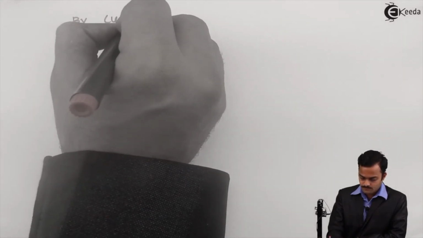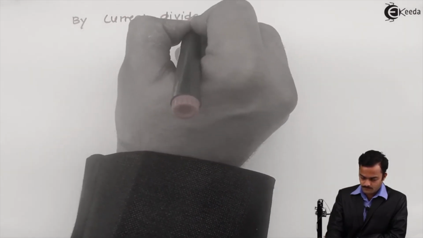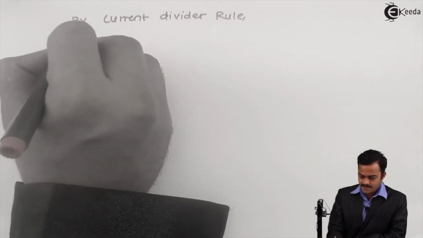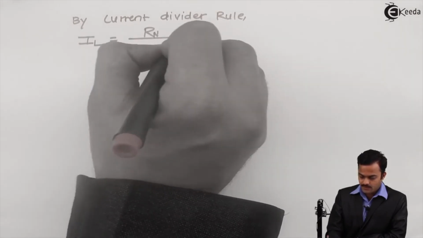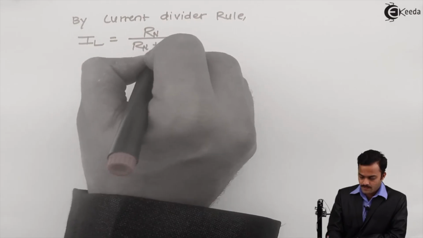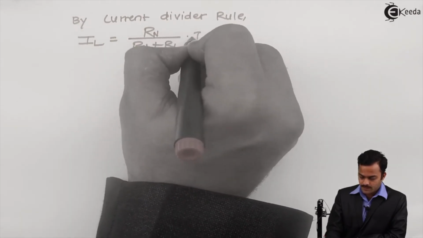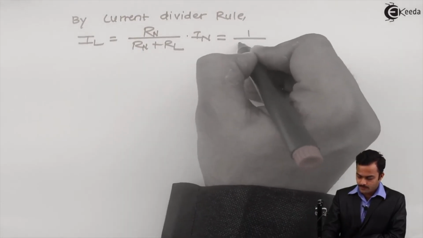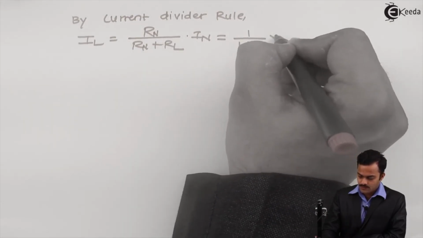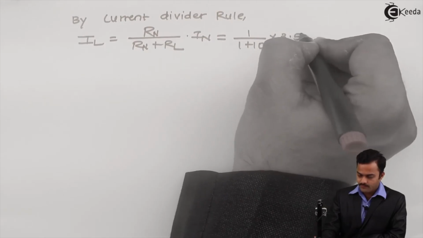By current divider rule, I can say IL equals Rn divided by Rn plus RL multiplied by In, equal to 1 divided by 1 plus 10 multiplied by 3.5.